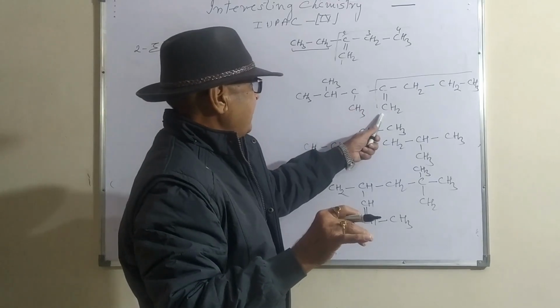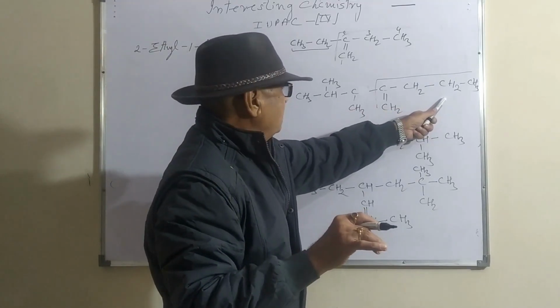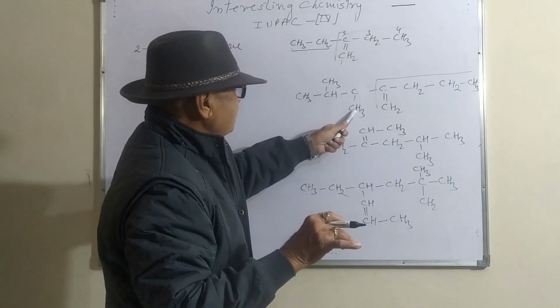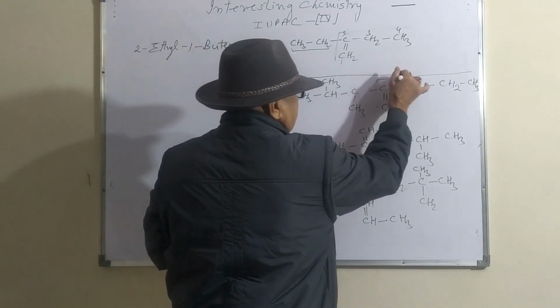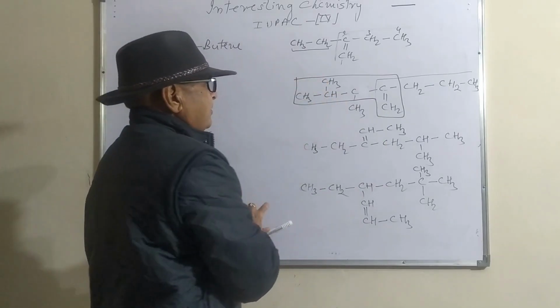This longest chain has no substituent group, and this chain has 1, 2 substituent groups. So in the end you will select this. This is the longest chain.